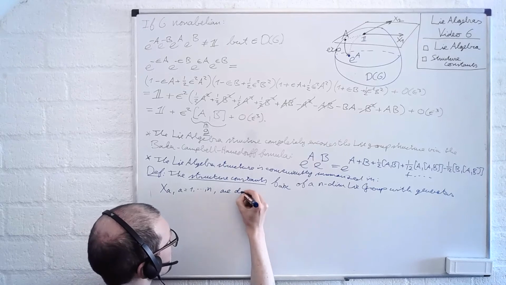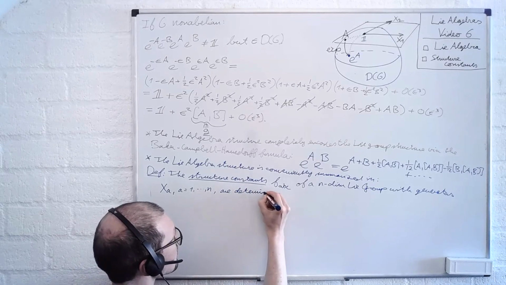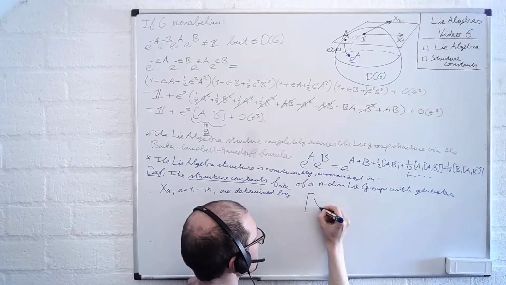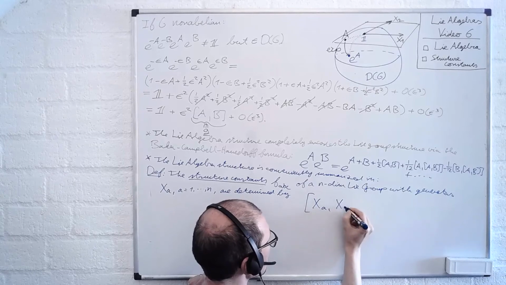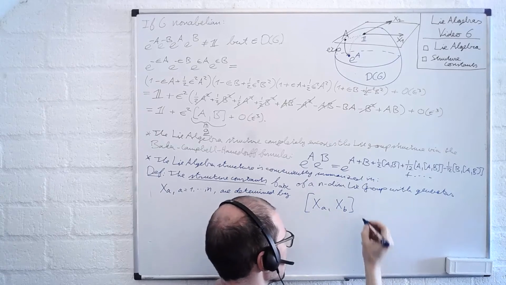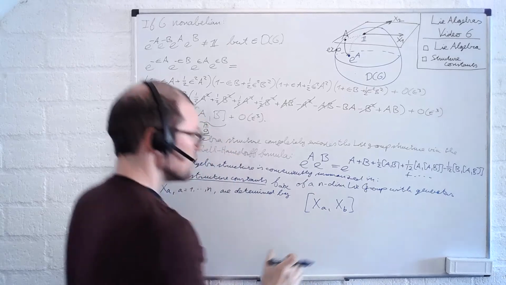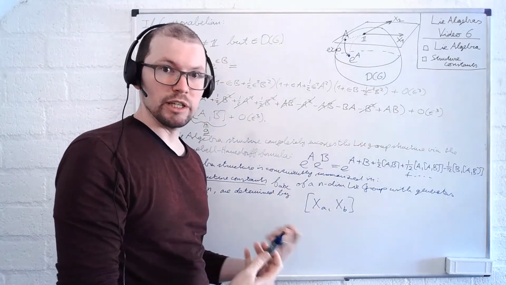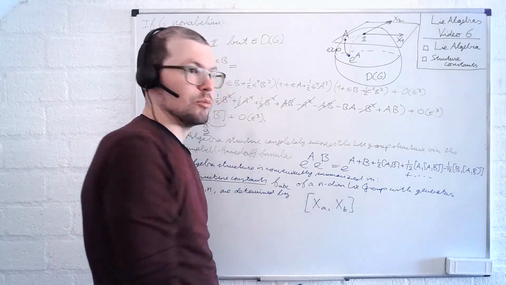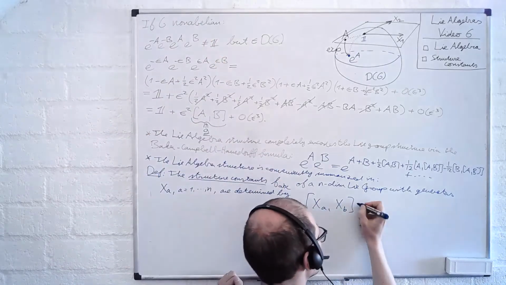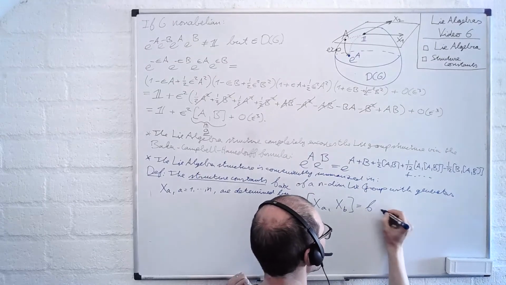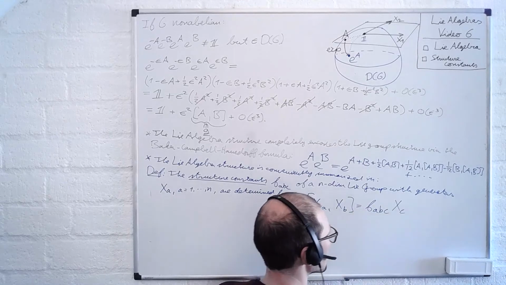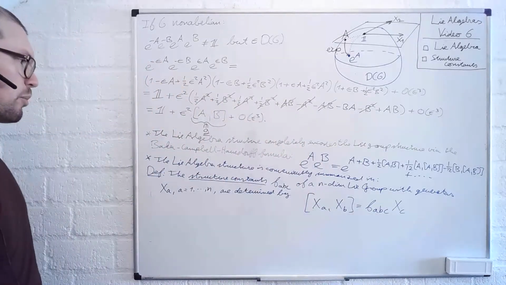The structure constants are determined by the relation that if I take the commutator of generators x_a and x_b, because we know that they form a Lie algebra, this has to be part of the Lie algebra again, so it has to be a linear combination of generators. And the structure constants are exactly the coefficients in this linear combination, where the sum over c is implied here.